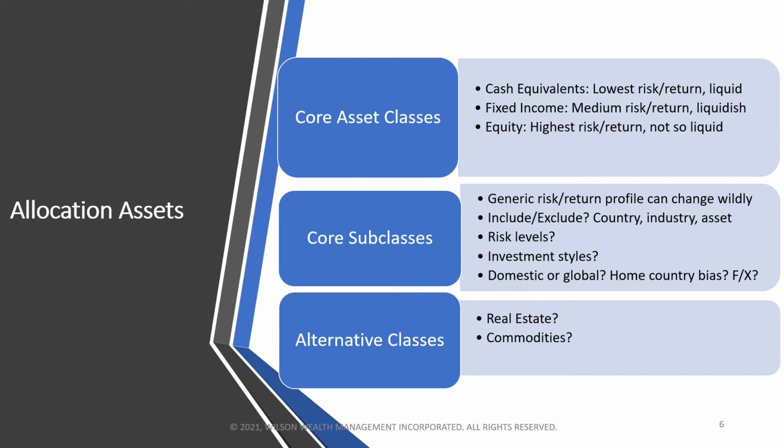Along those same lines, you'll see home country bias. And that's less of an issue for American investors, much more of an issue for Canadian investors. And what I mean with home country bias is the US equity market is plus or minus about 45% of the world's equity markets, capital markets.